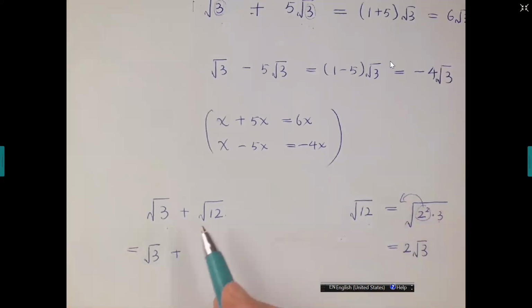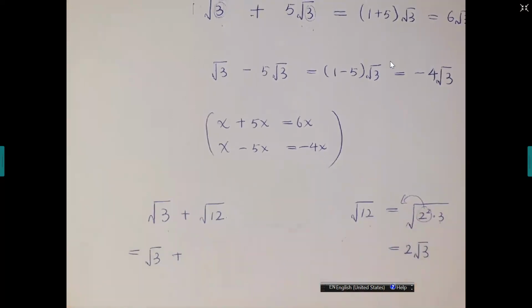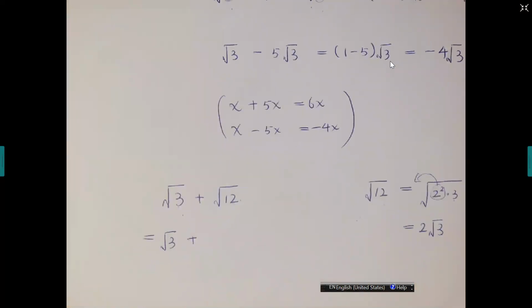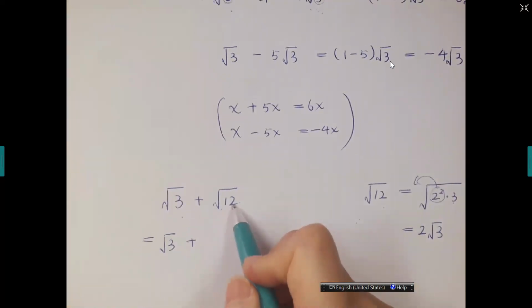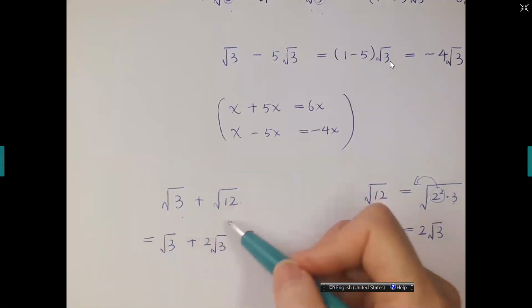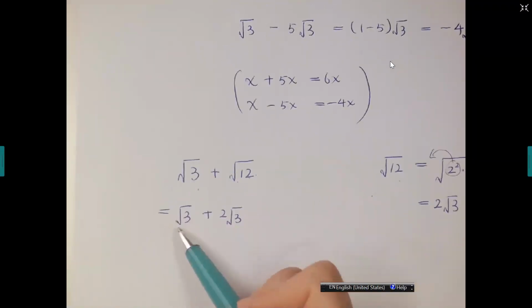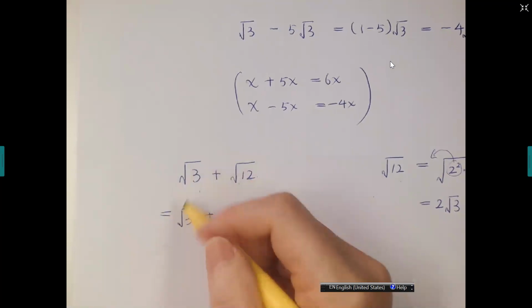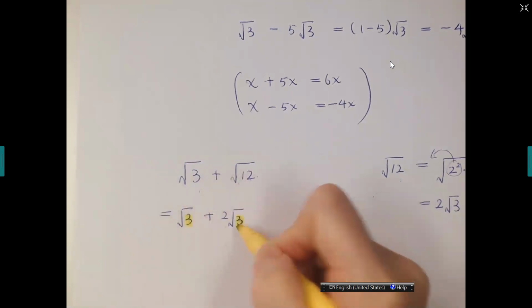Now when we are working on the problem in section 8.2, we just apply what we just did. Radical 12 can be simplified as 2 radical 3. They are equivalent. Now when we look at this problem, are those two terms like or not? Of course, they are like. I see 3 here, I see 3 here.